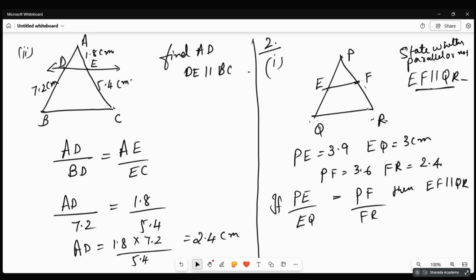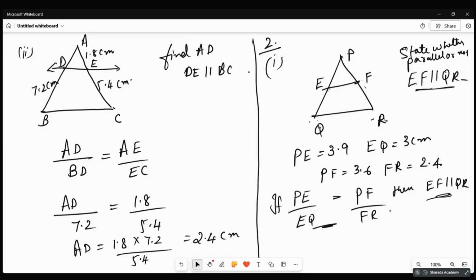If that is equal, then it will be parallel. If that is not true when you calculate, then we can say EF not parallel to QR. Okay. If this condition satisfies, then this is there. Now calculate PE by EQ.